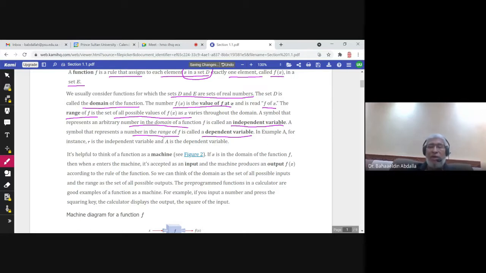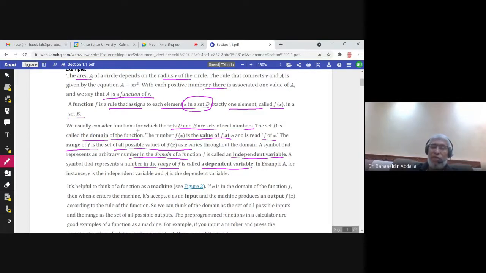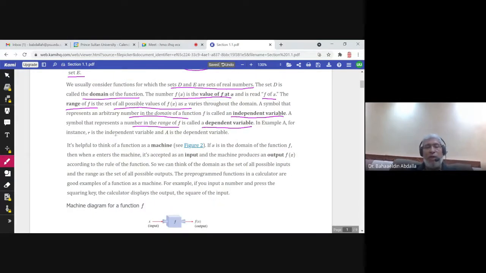So here in this example, A equals pi r squared. R is the independent variable and A is the dependent variable. A depends on R. If you change R, A will change.